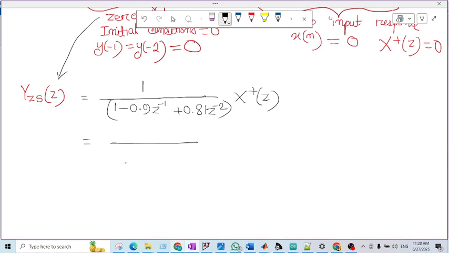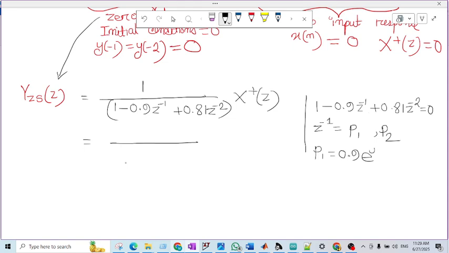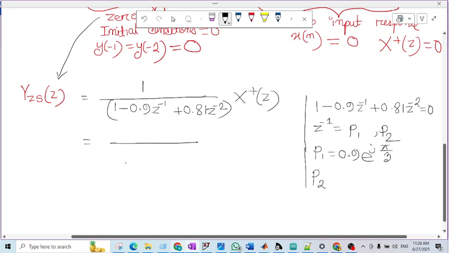And how can I do this? First I have to assume that 1 minus 0.9 z inverse 1 plus 0.81 z inverse 2 is equal to 0. And if I assume this, I will get two values of z inverse 1. If you calculate, you will get two values here. One is 0.9 e to the power j pi by 3, and you will see that the other is the conjugate of p1.